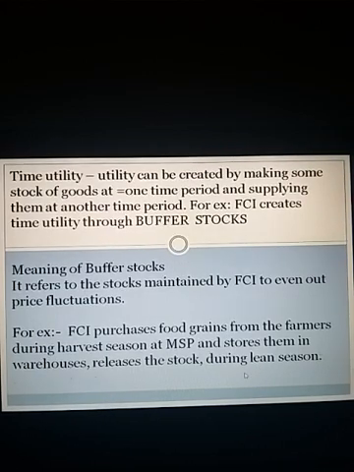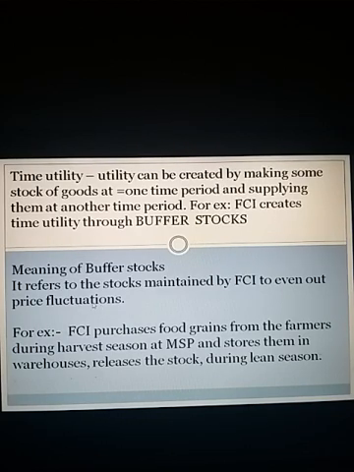When the prices rise, the government tries to sell or clear the stocks maintained by FCI. And observe this meaning, simple. Buffer stocks refers to the stocks maintained by FCI to even out the price fluctuations. Many a time the prices keep varying, they keep changing.